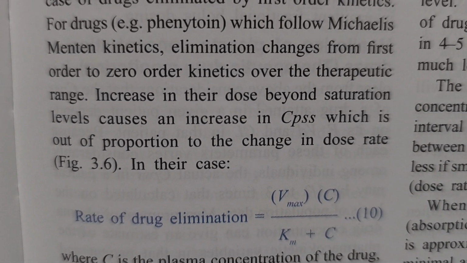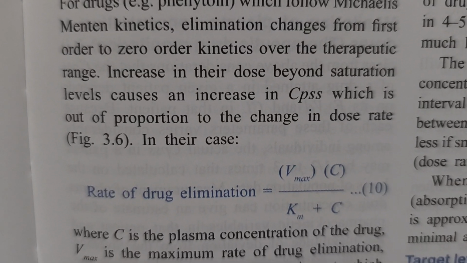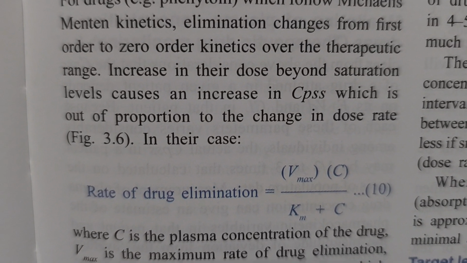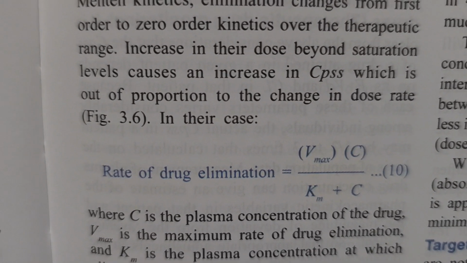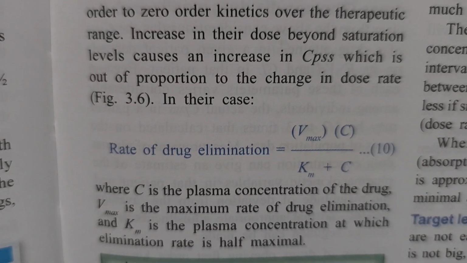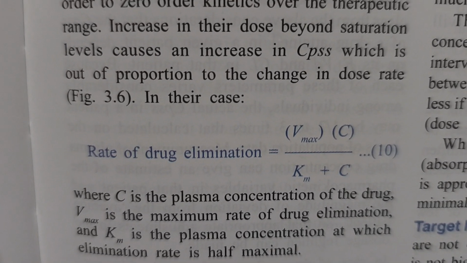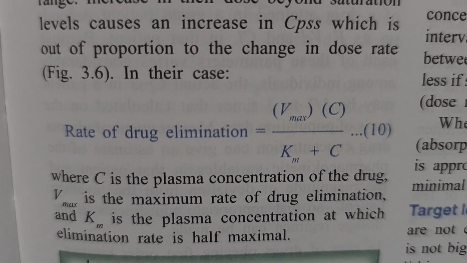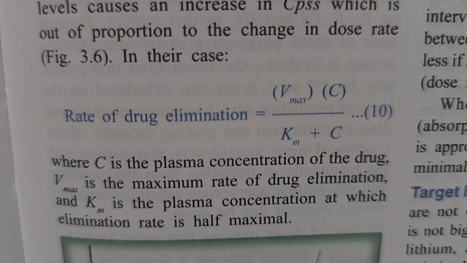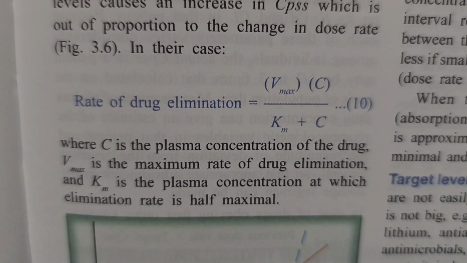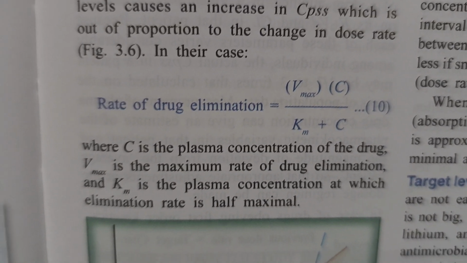For drugs, for example phenytoin, which follows Michaelis-Menten kinetics, elimination changes from first order to zero order kinetics over the therapeutic range. An increase in the dose beyond the saturation level causes an increase in CPSS which is out of proportion to the change in the dose rate.